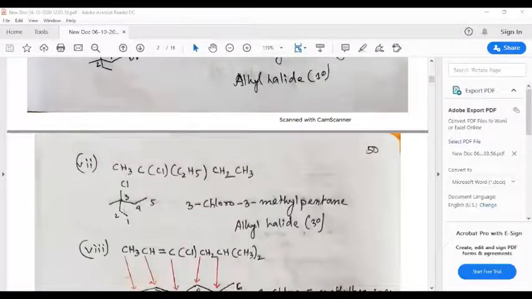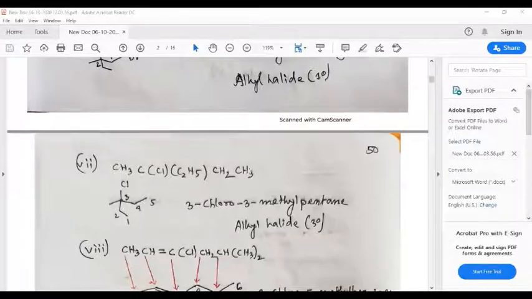This is the structure. CH3. So this CH3 is this CH3. Then this carbon is this carbon. To this carbon, one is chlorine, one is ethyl. This portion is ethyl.